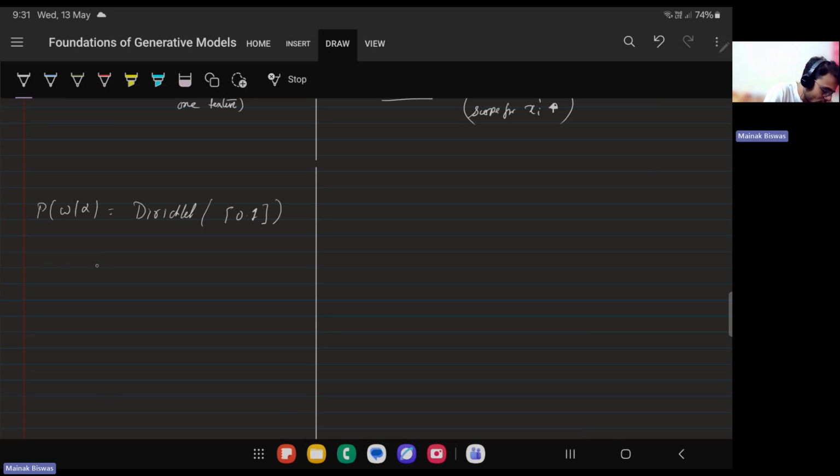You can think of omega given alpha as this list of omega 1, omega 2, ..., omega k probabilities, such that the summation of omega i equals 1.